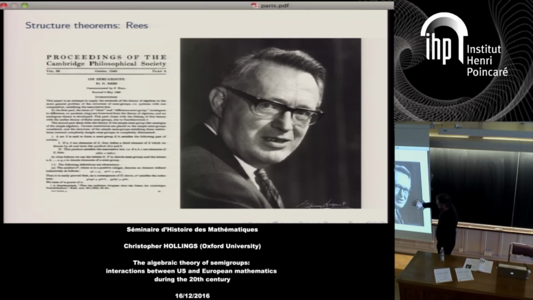And whereas Šuškevič had been coming from a very group theoretic direction, this is now coming from the Albert Wedderburn type tradition of rings and algebras. So we're now essentially looking at the ideas that you have in relation to rings, but dropping the addition and seeing what happens in the multiplicative context.